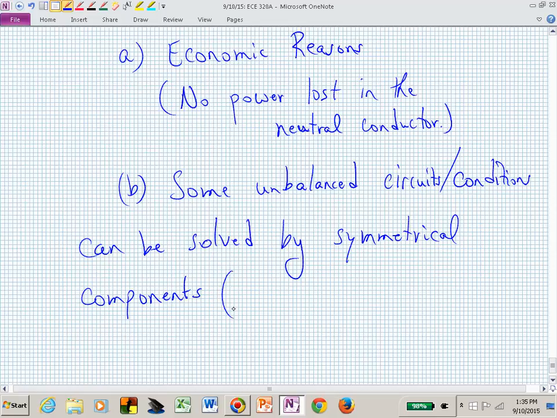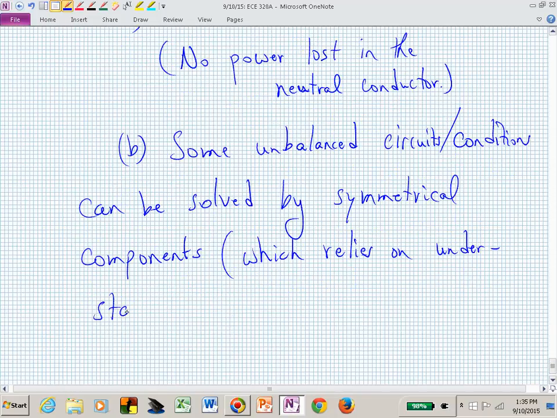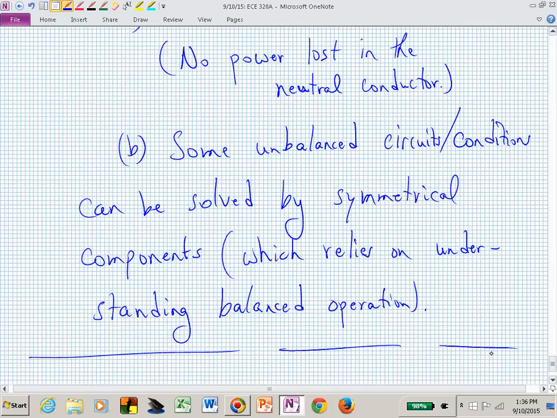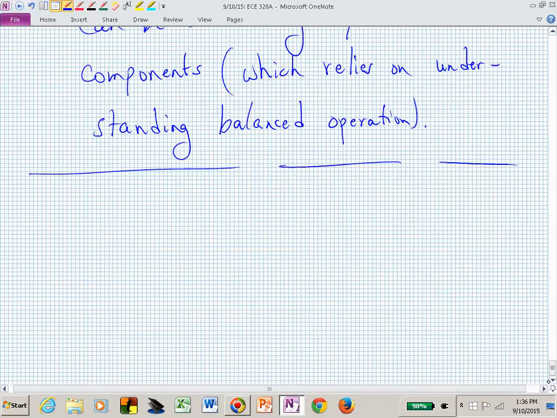And those symmetrical component ideas are relying on our understanding of what's happening with balanced systems or with balanced operation. Those are some justifications for spending the next period of time learning about three-phase power. That's now motivating, hopefully, why we want to do this.